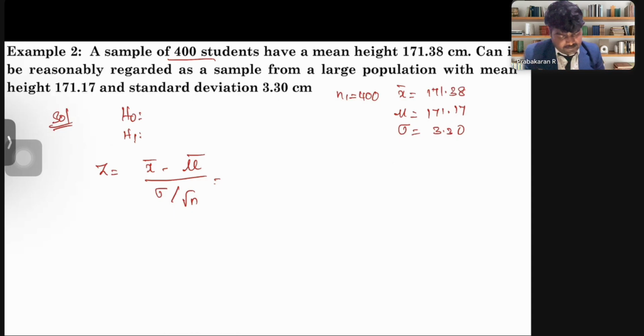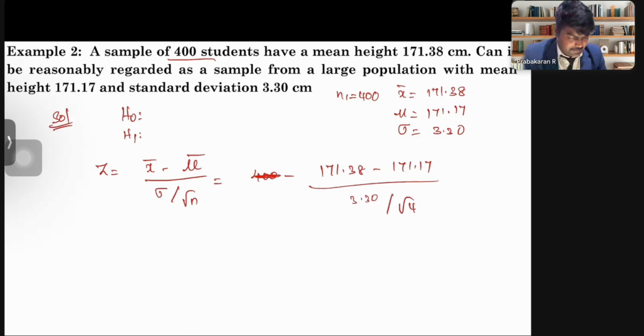This X bar value is 171.38 minus 171.17, by sigma value is 3.30 by root n, where sample size n is 400, so root of 400. So just find out the value. That comes to nearly 1.27.